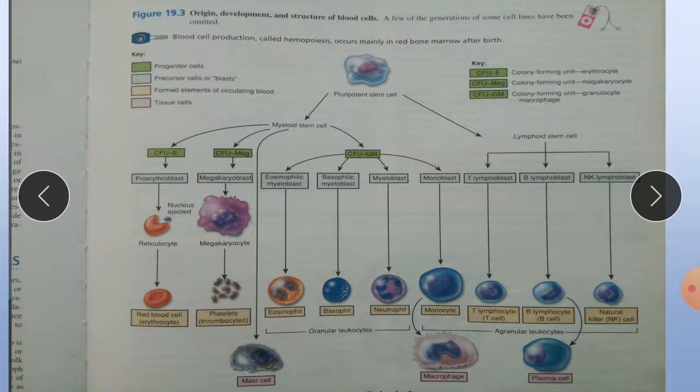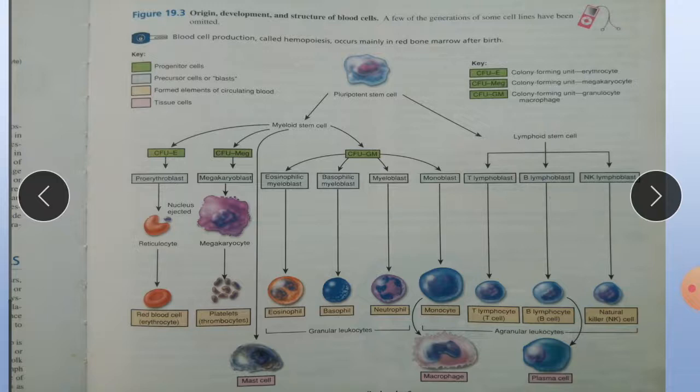Other myeloid stem cells and lymphoid stem cells develop directly into precursor cells. Progenitor cells are no longer capable of reproducing themselves and are committed to giving rise to more specific elements of blood. Some progenitor cells are known as colony forming units.